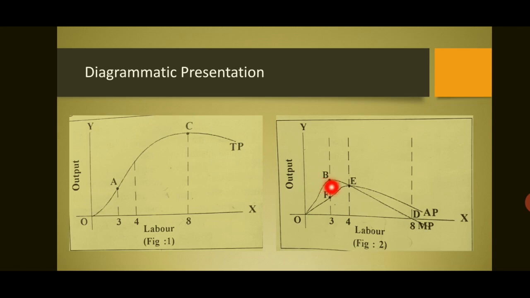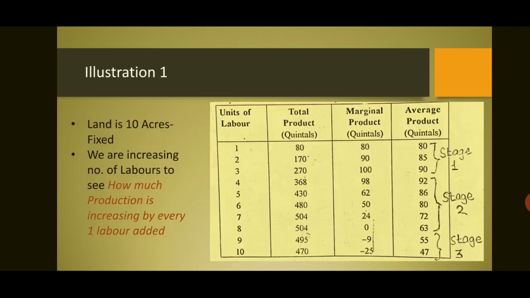So this is the chart of total production I have explained, and this is the chart of average and marginal product. So our average product is declining. Do you see? Our average product is increased at this point, and then it is increased but at a declining rate.